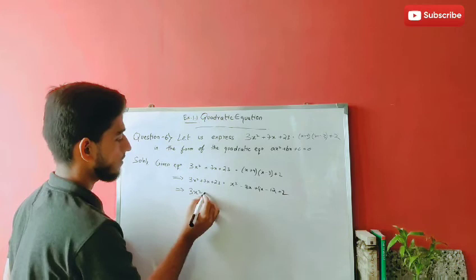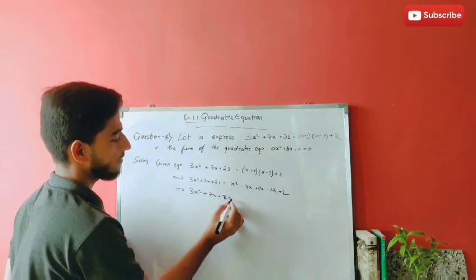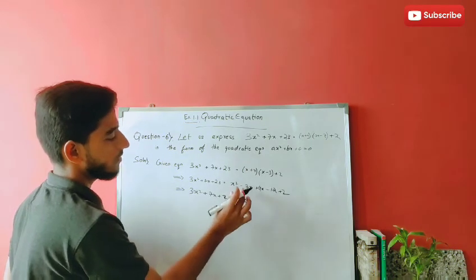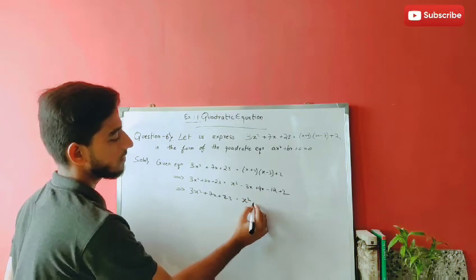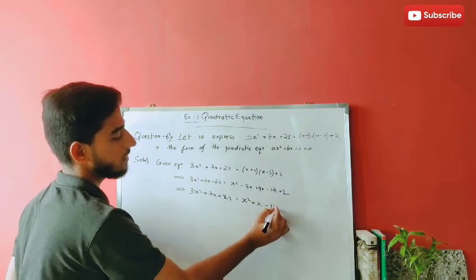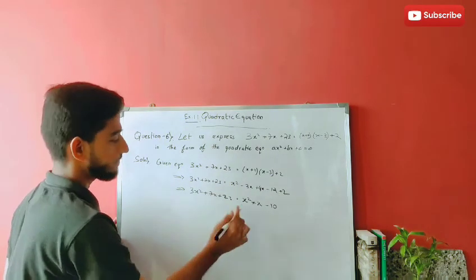3x square plus 7x plus 23 is equal to x square minus 3x plus 4x plus x minus 12 plus 2 minus 10, because plus minus minus and greater sign we will take.